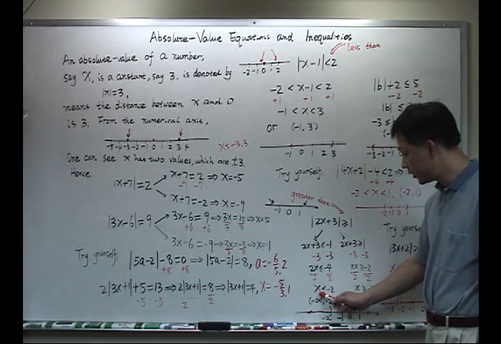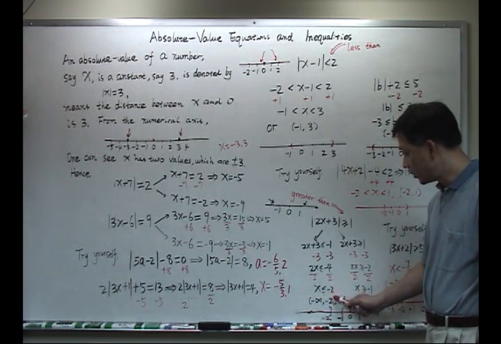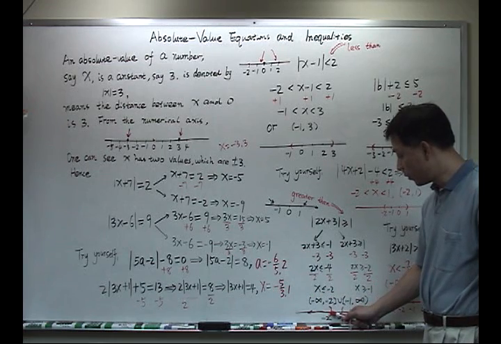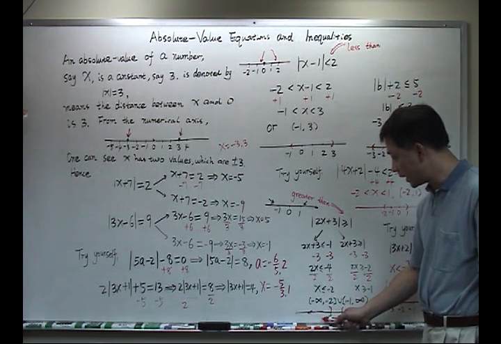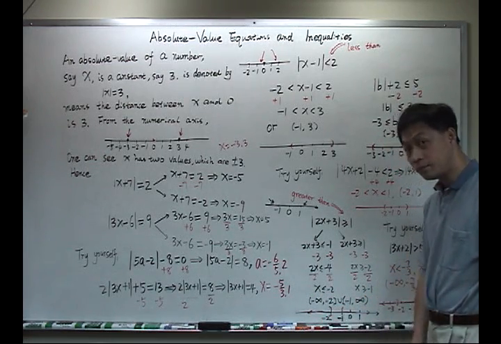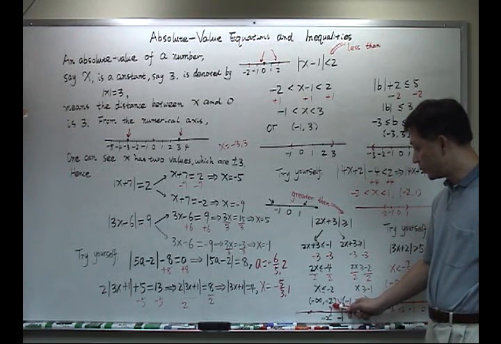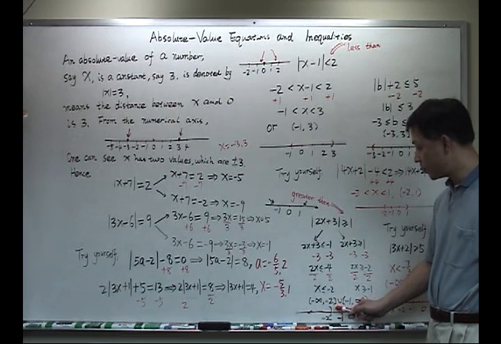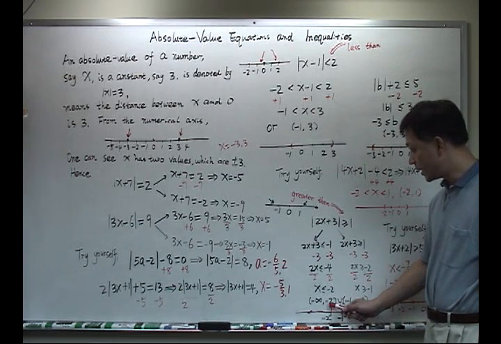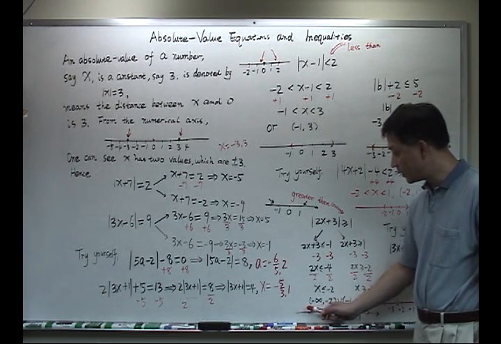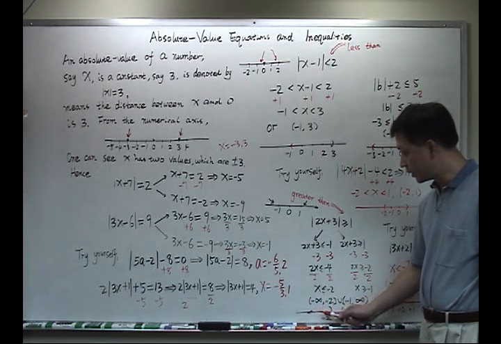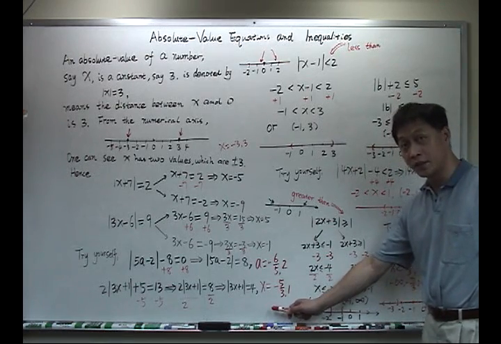So the points less than -2 should be the points on the left-hand side of -2. And here -2 is included, so you want to use the square bracket. So -2 to the left-hand side, to -infinity in this direction.